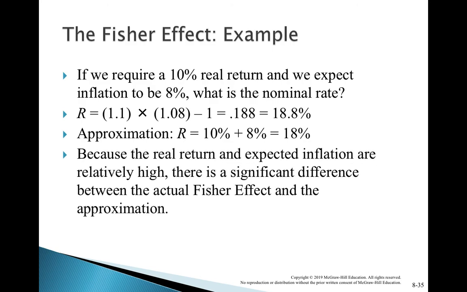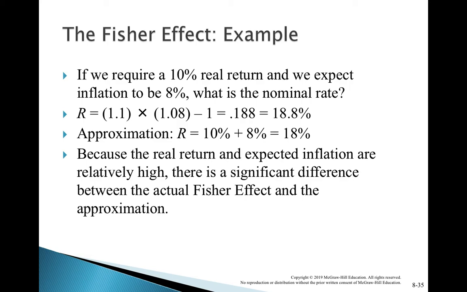Because the real return and expected inflation are relatively high, there is a significant difference between the actual Fisher effect and the approximation. You see, here the real rate is 10%, very high. Normally in Saudi Arabia, we are experiencing a real rate of maybe 1 to 2%, and in the US also the same kind of thing. The inflation rate is also not very high, maybe 2 to 3%. But in fragile, developing economies, you will find the real rate very high, the inflation also high, and the volatility also high.